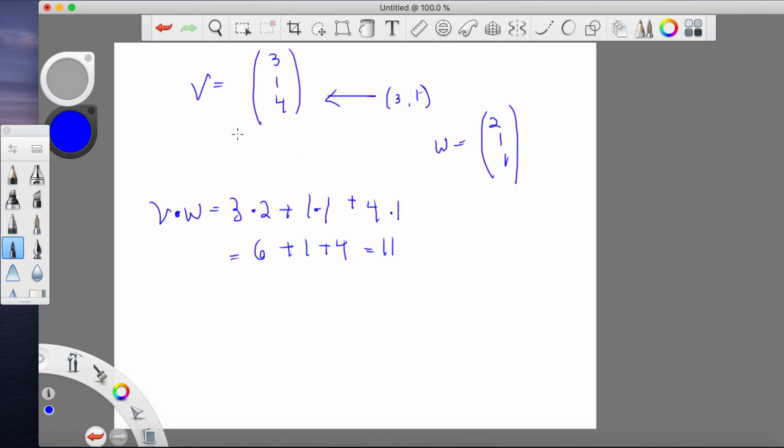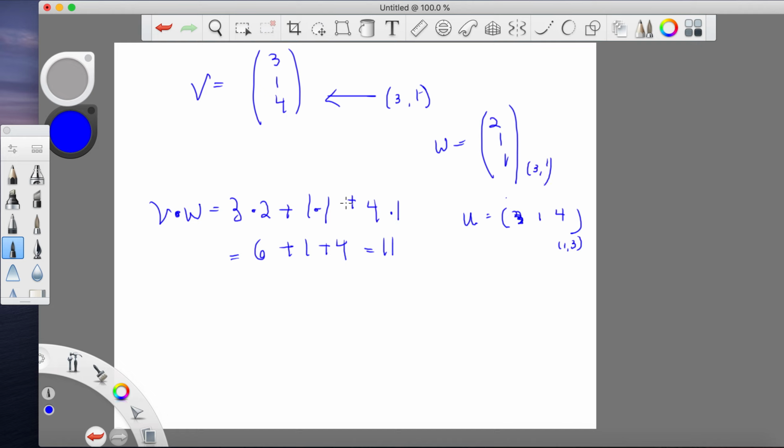Okay, so what if instead I had U and U was, let's say, 3, 1, 4. So it's just like V, but it's sideways. So this is a 1 by 3 matrix, and this is a 3 by 1 matrix.